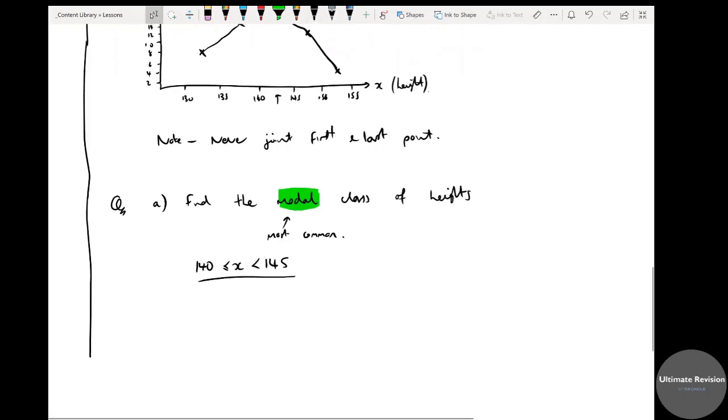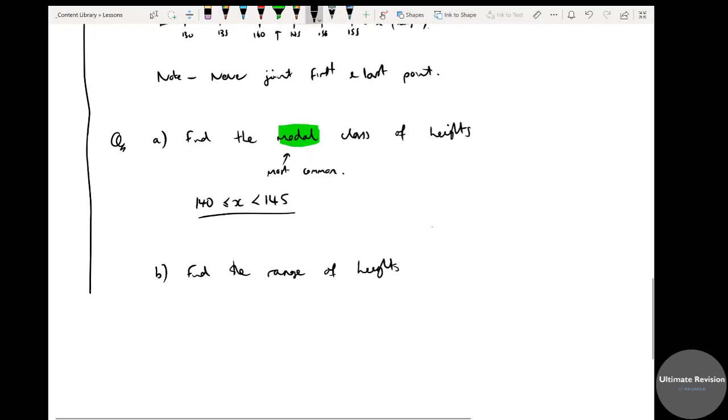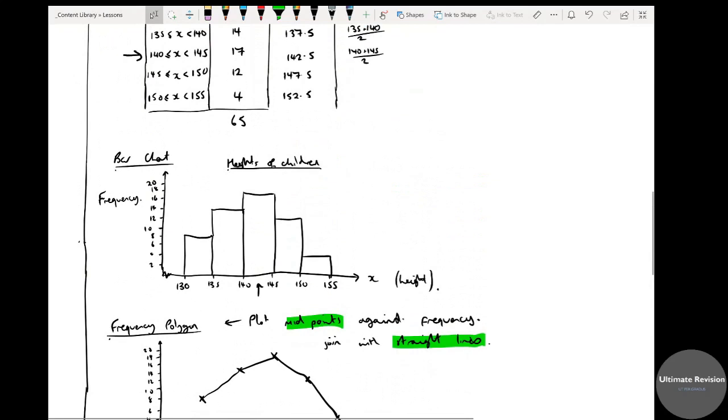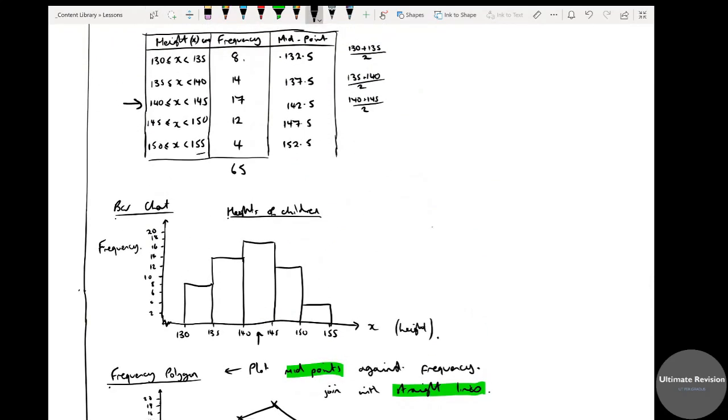Okay, the modal class. You could be asked the range. Find the range of heights. Now the range, again, you may know it's the largest minus the smallest. Because we don't know what the largest is, we have to take it as it could be 155.